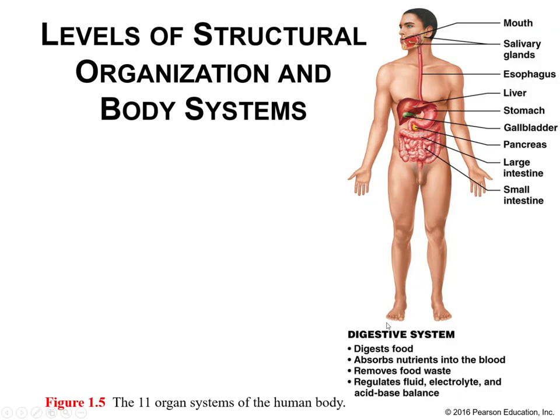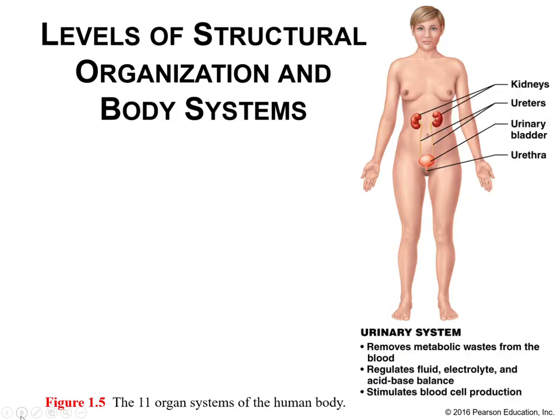So exam 3 is the respiratory, immunity, and lymphatics, and then exam 4 will be our digestive system and our urinary system. And our urinary system is going to remove metabolic waste from the body, regulate fluid, electrolyte, and acid-base balance, and stimulate blood cell production.